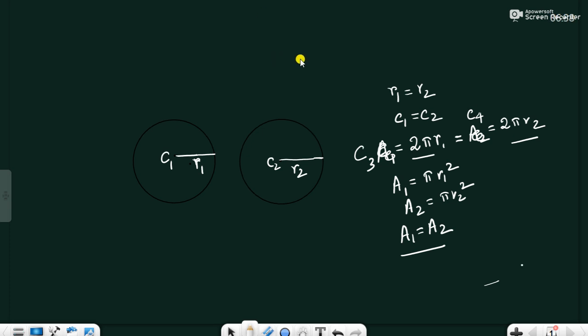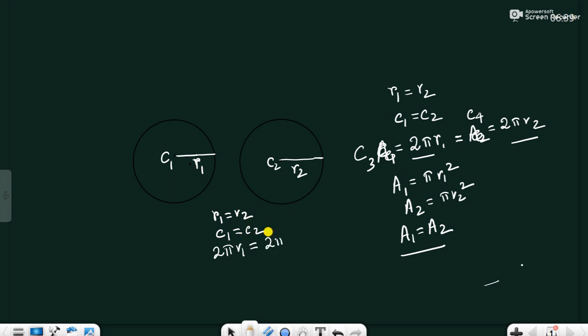These two circles will be congruent when their radius R1 is equal to R2, the centers are equal, C1 is equal to C2, and their circumferences will be equal, that is 2 pi R1 is equal to 2 pi R2.